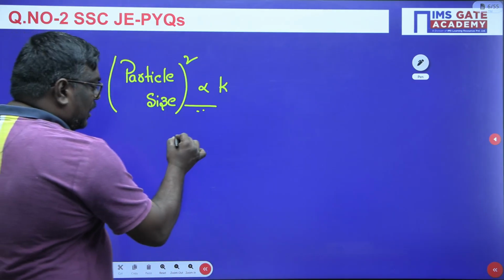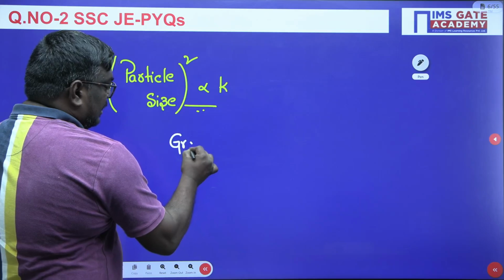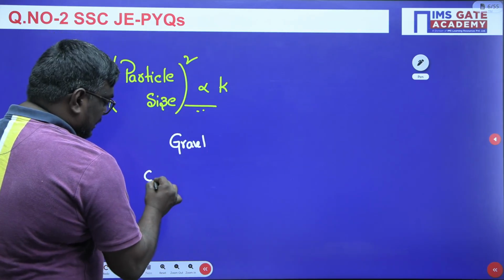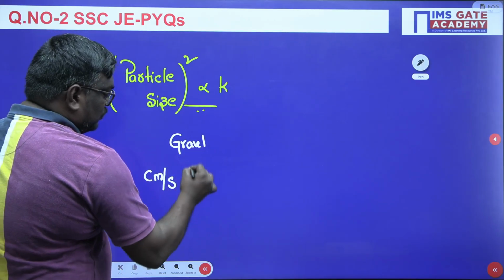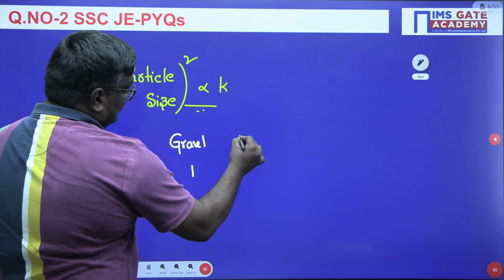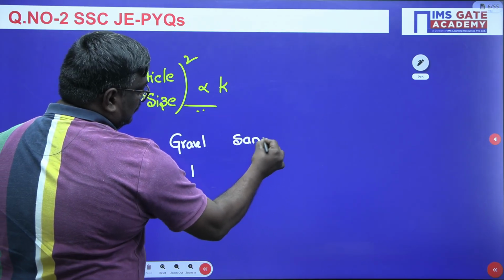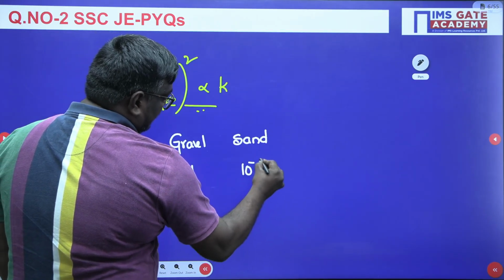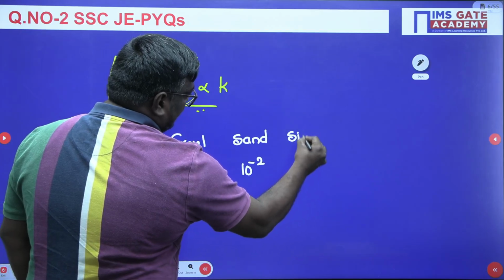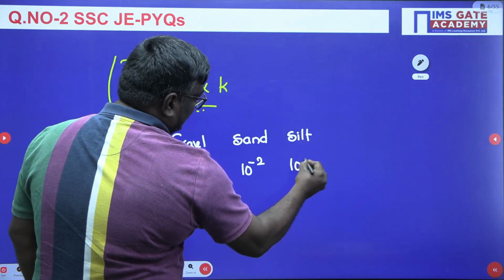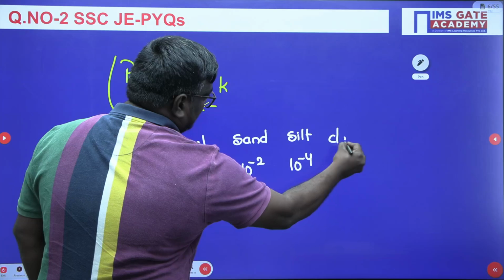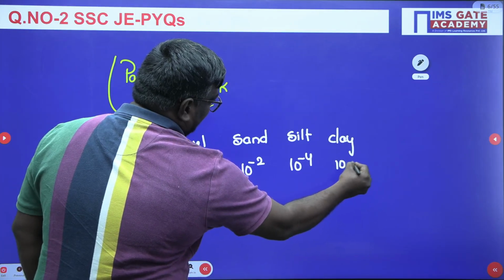And if you see the order of coefficient of permeability in centimeter per second, usually for gravel it will be 1, for sand it will be 10 power minus 2 centimeter per second, for silt it is 10 power minus 4 centimeter per second, and for clay it is 10 power minus 6 centimeter per second.